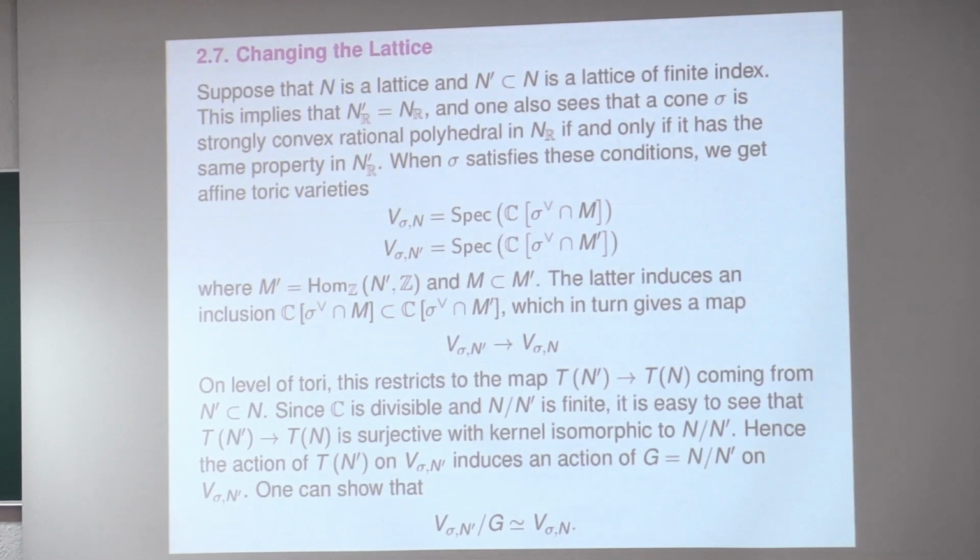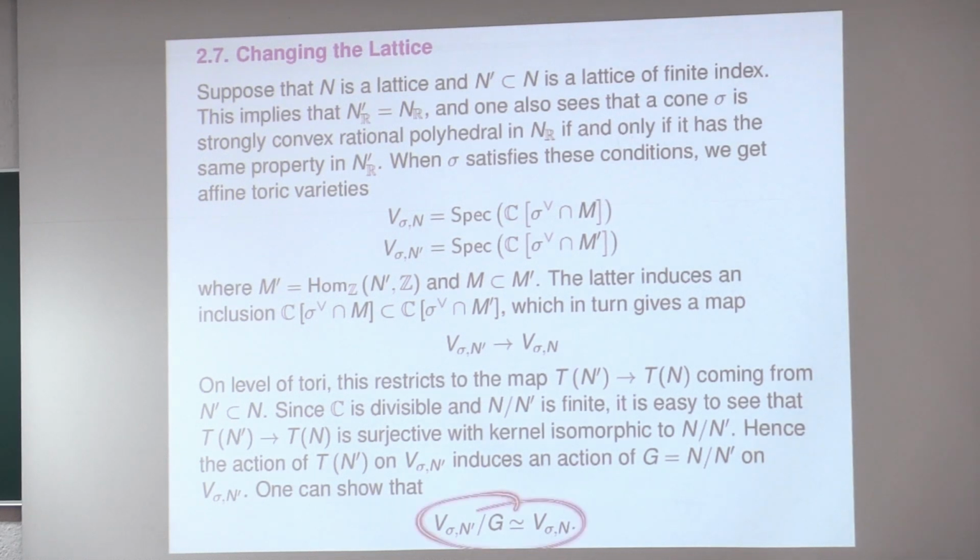Very good. So what do I want to say now? What we have just said is that if you have a sublattice M prime and I keep my same cones, that's how you would apply this type of thing. You have one of the lattices, you have the cones, we are going to change the lattice. We consider a different lattice and one wants to see what happens to the variety.